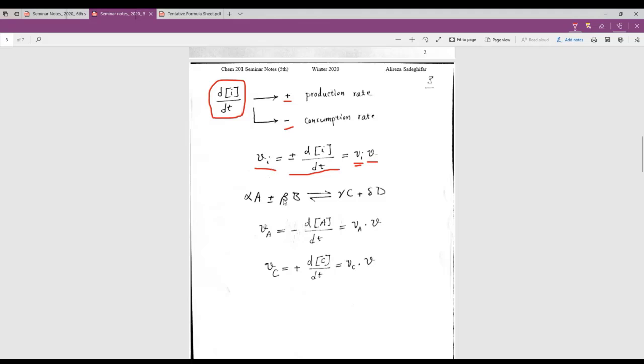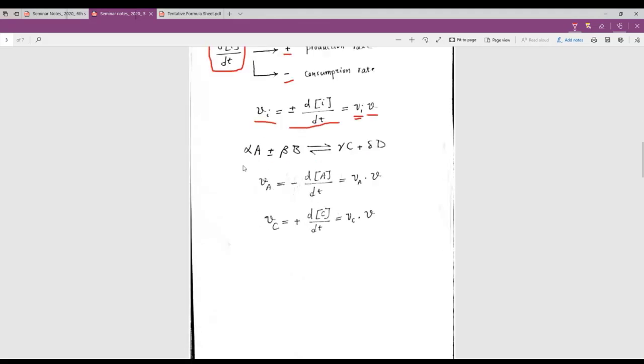For example, I'm just giving you two examples. Again, if we go back to this reaction, and let's say, just to make it simpler, it's just a single arrow reaction, just a forward reaction. So the rate of consumption of A. Why consumption here? Because A is one of the reactants. So A is a reactant here, so we use a negative sign, dA over dt.